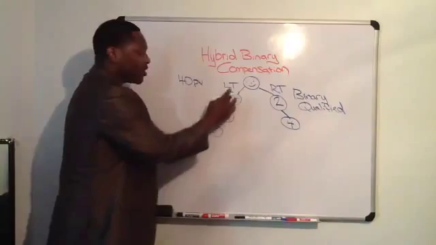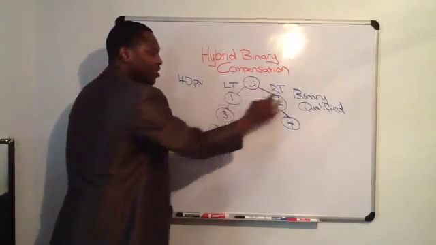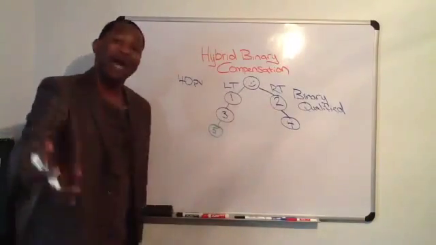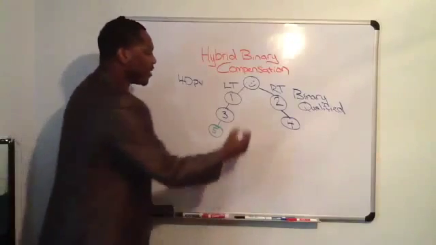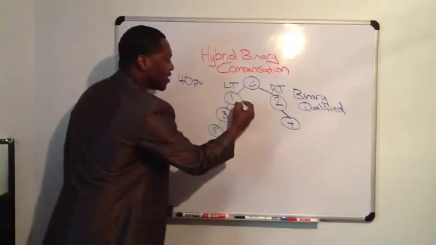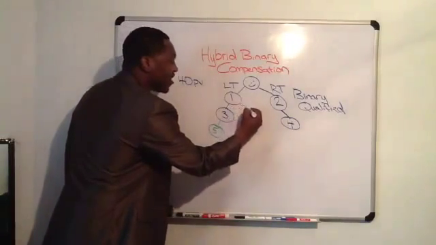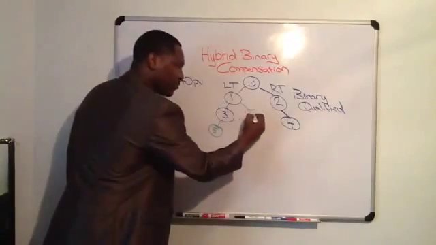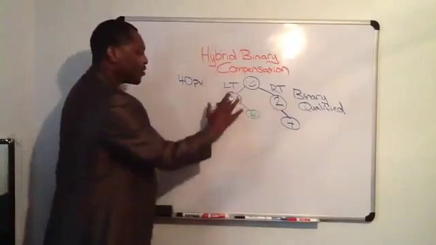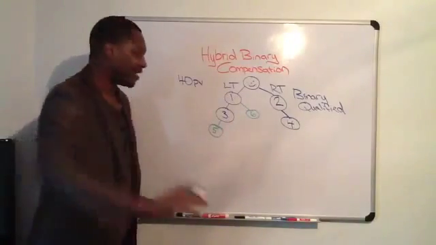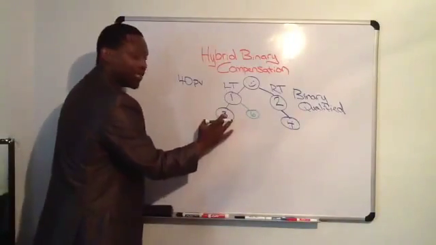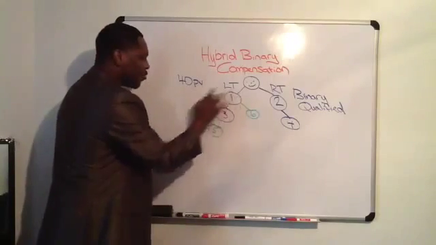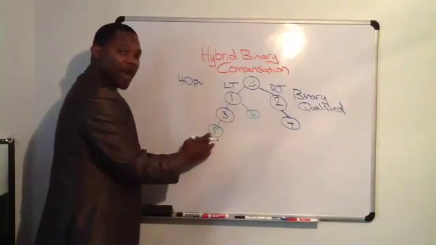Now remember, person number 1 has to do what you did, which is go get at least 2 people to become binary qualified. So this is what happens when they go and get their second person. The second person starts their right leg right here. Boom. Now, person number 1 is binary qualified. But guess what? Person number 1 helped person number 3, right? Because person number 1 dropped person number 5 on the power leg.